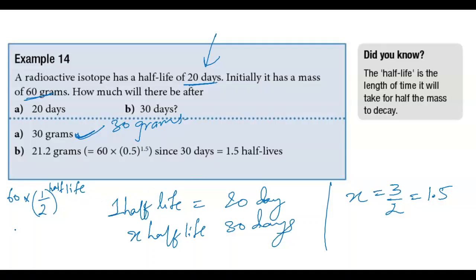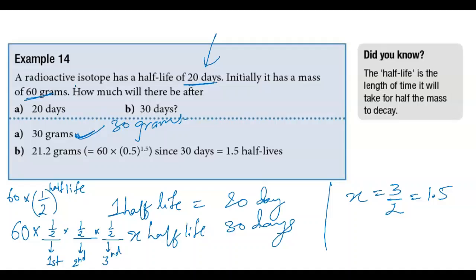If the initial mass of the substance is 60 grams, after the first half-life period it will become half. Again, after the second half-life period, it will again become half of the remaining part. After the third half-life period, it will again become half, and so on.